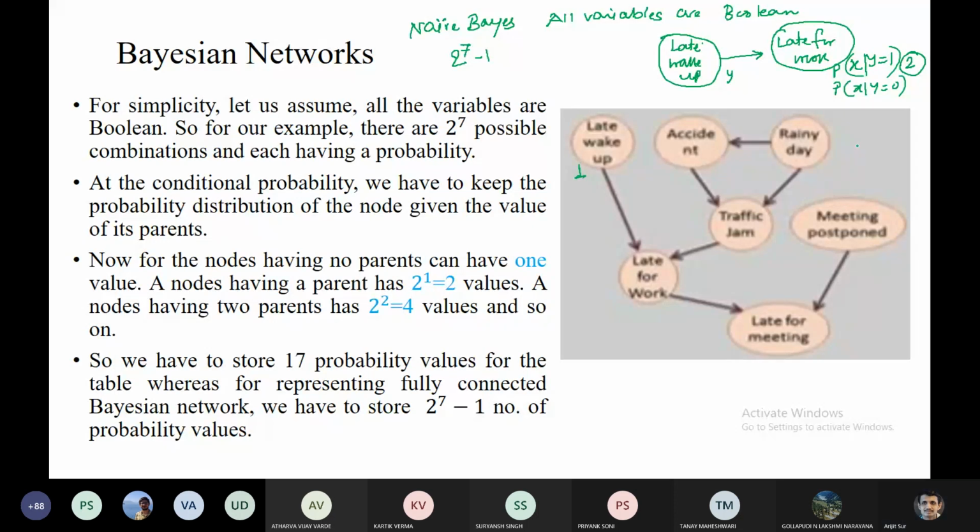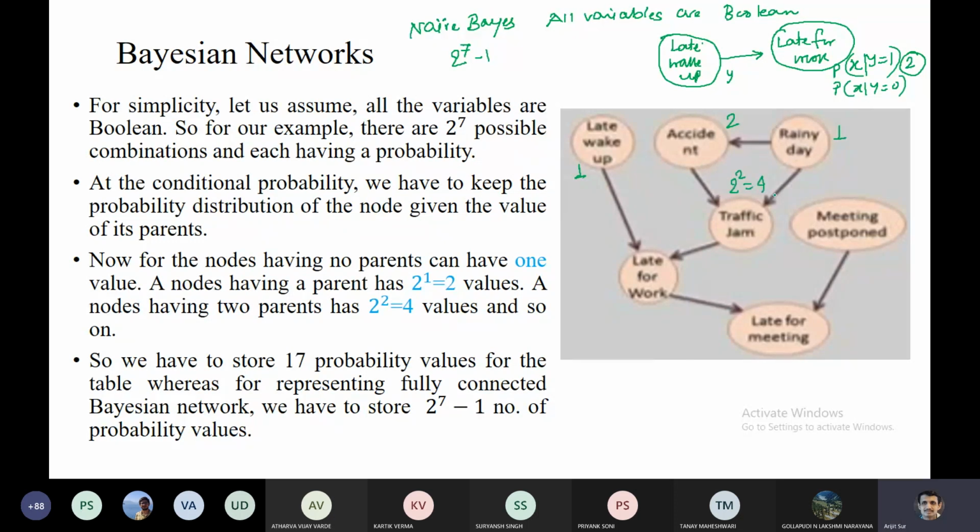Now you see here, this particular node has one parent, so it has two values. This rainy day has no parents, so it has one value. Traffic jam has two parents, accident and rainy day, so it's 2 to the power 2 is equal to 4 values.